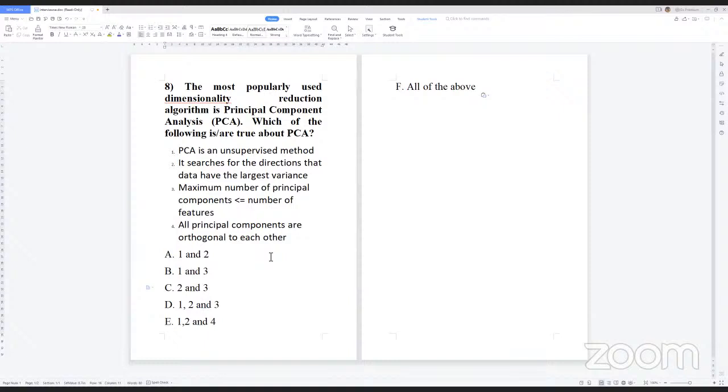The statements are: one, PCA is an unsupervised method. Two, it searches for the directions in which data have the largest variance. Three, the maximum number of principal components is less than or equal to the number of features. Four, all principal components are orthogonal to each other. So the options are A 1 and 2, B 1 and 3, C 2 and 3, D 1 to 3, E 1 to 4, and F all of the above.